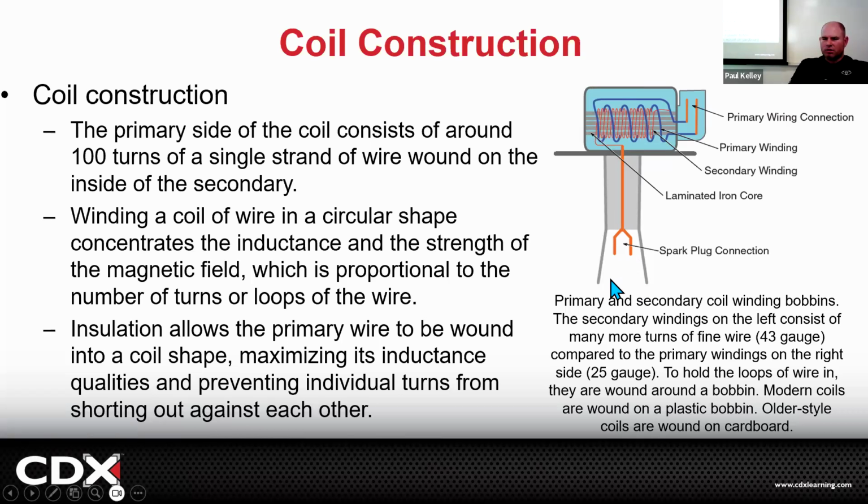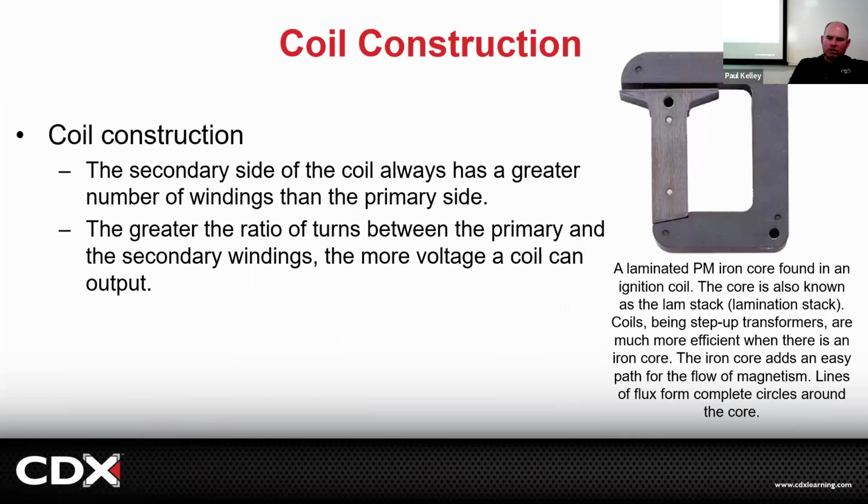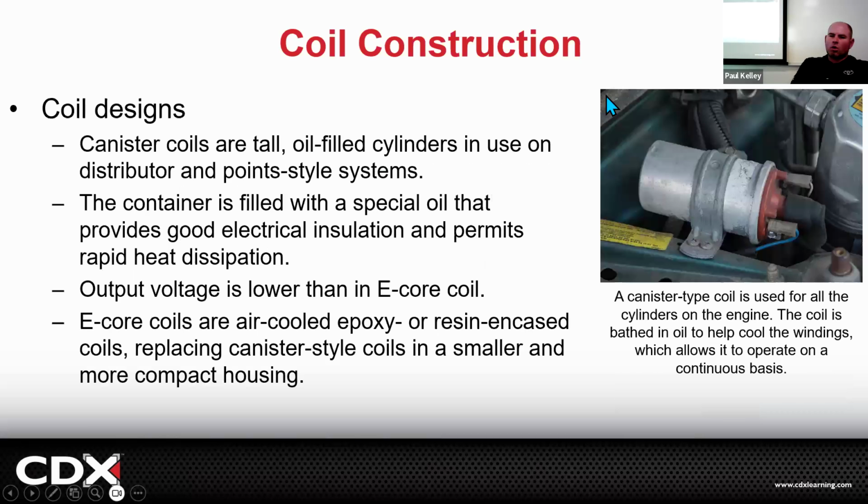Okay. Pretty interesting. Cool. The book goes into some detail about how the coil is constructed. Sometimes we use a laminated frame, and we could do a lot of different styles. So this is the frame, and then it would have the coil right here. It'd be round. Or this is an old school coil. This is a canister coil.